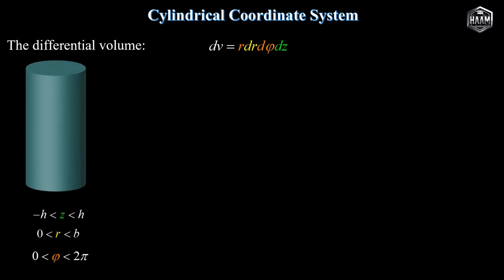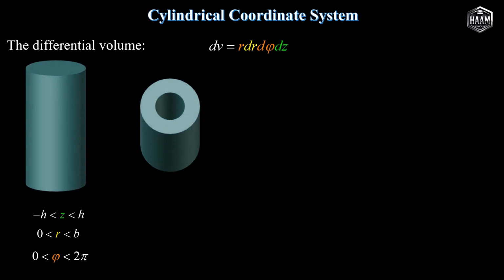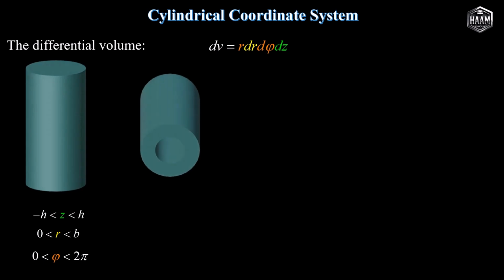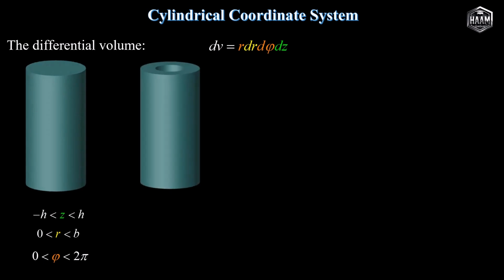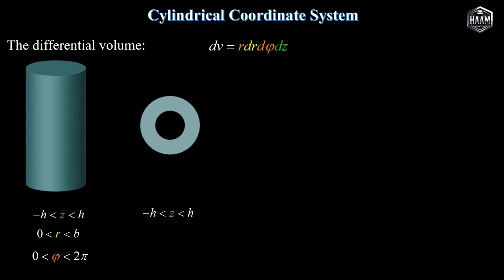Now suppose we hollow out this same cylinder, it becomes this shape. Naturally, this requires a change in our variable. Z remains unchanged, still from negative h to h, but when we look at the cross-section, we see that r no longer starts from 0, it now starts from some non-zero value, say a.